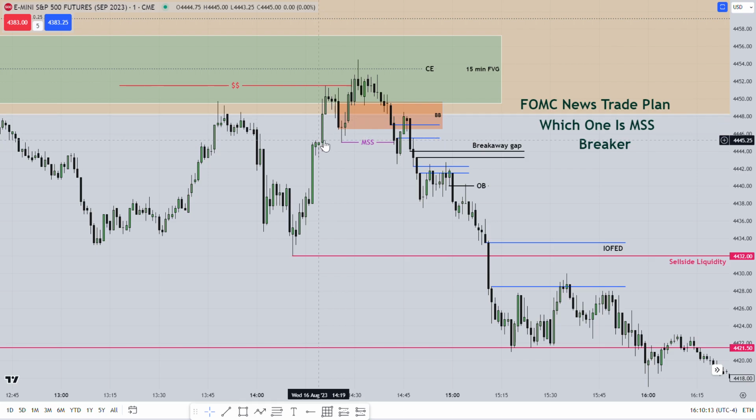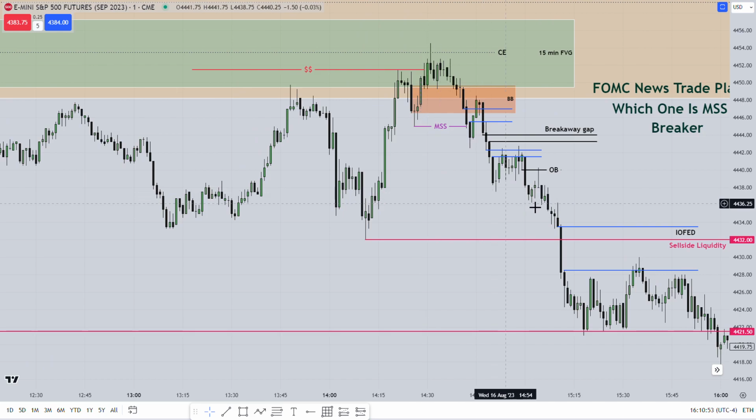You see this gap, this fair value gap, this candle, this low, it has actually traded this gap. For trading this gap, this candle has made an intermediate term low. This candle didn't trade any fair value gap over here. You see, no fair value gap here which has been traded by this candle. So for me, this is not the market structure shift. This is the more obvious market structure shift because it has traded this gap.